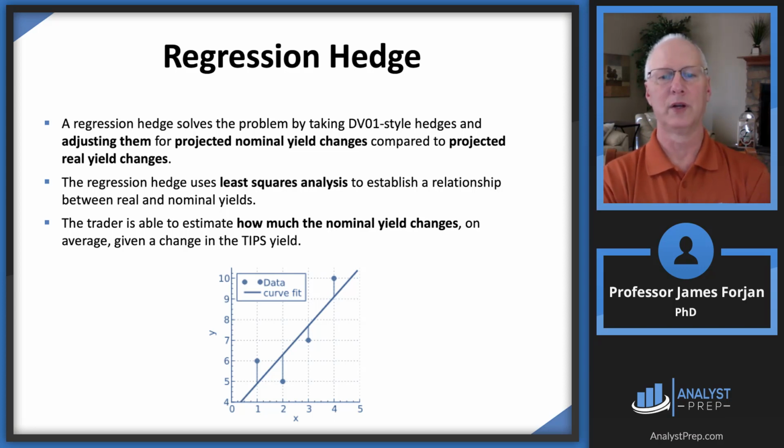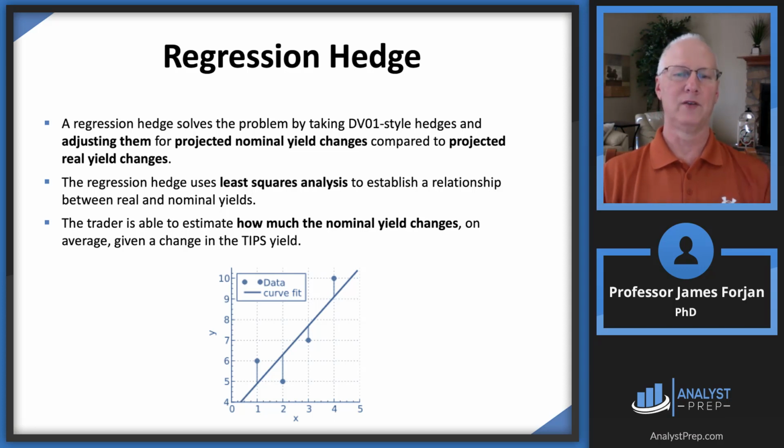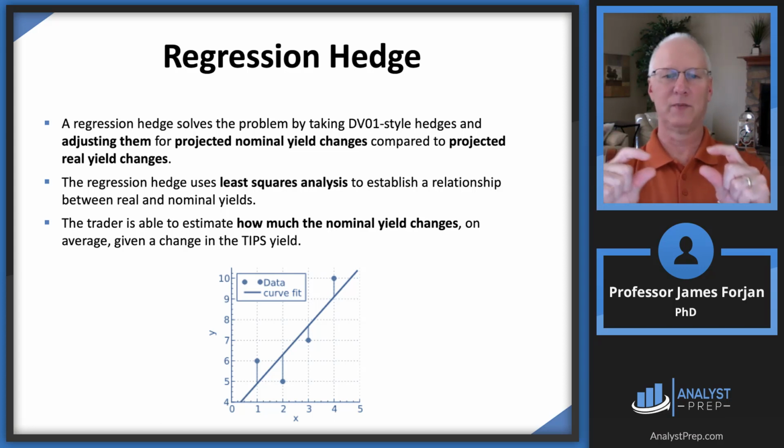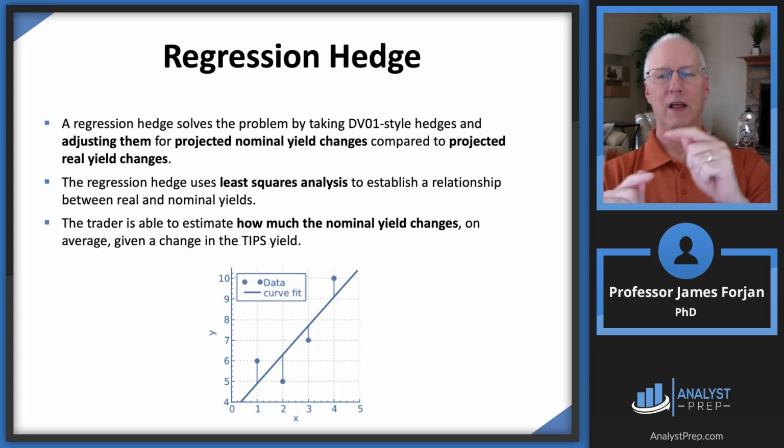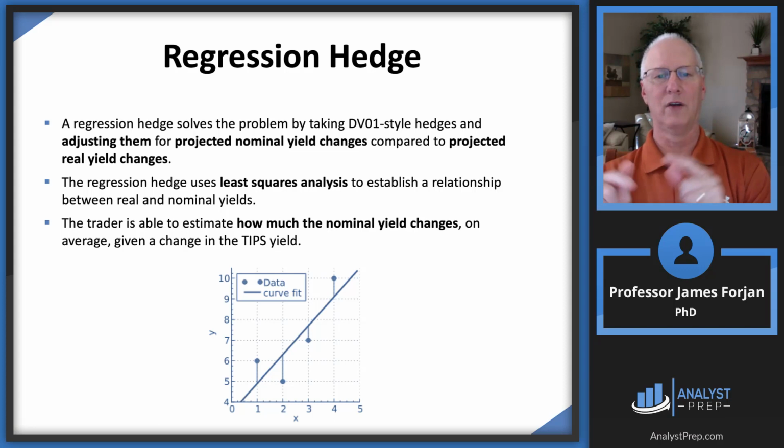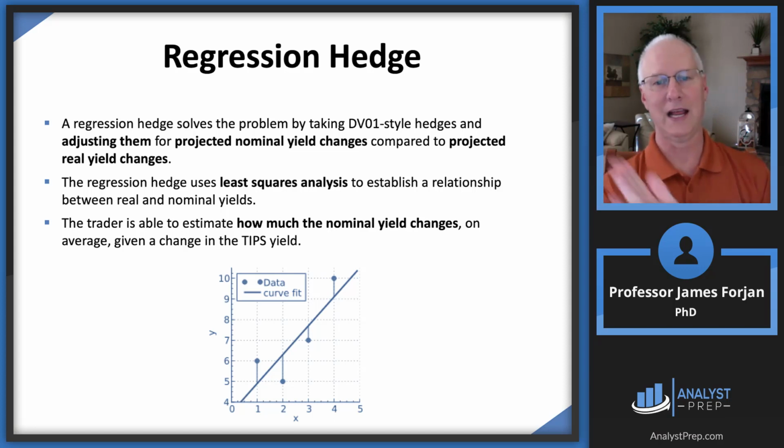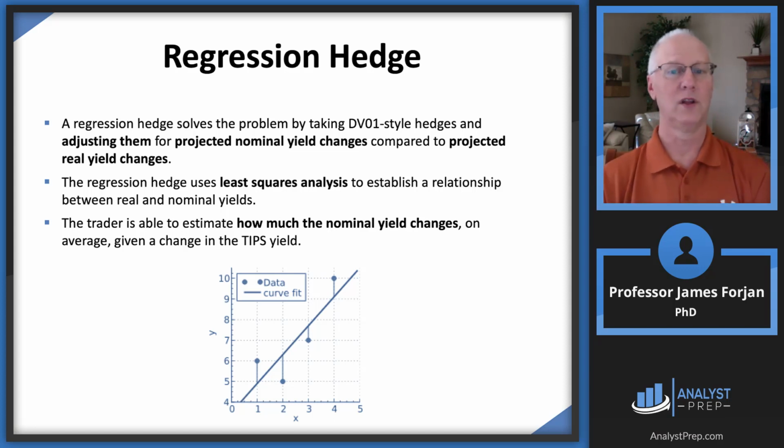You know, there's a little picture of the plot, and then remember that least squares method. What it does, it minimizes the distance between each of those plots on the curve and a line. That's why it's called the least squares. And so we're going to use that beta as a measure of sensitivity.